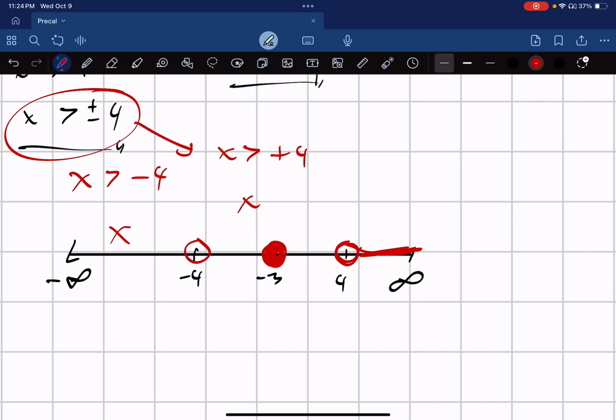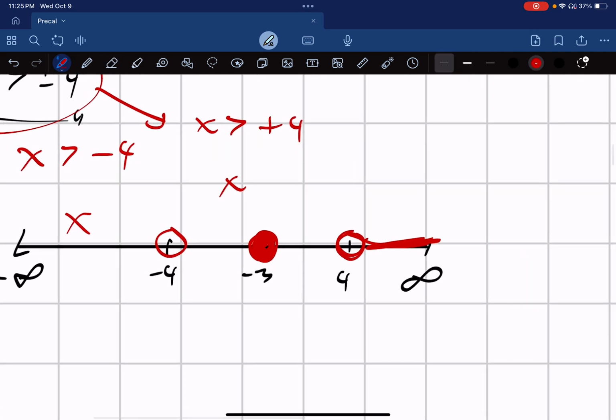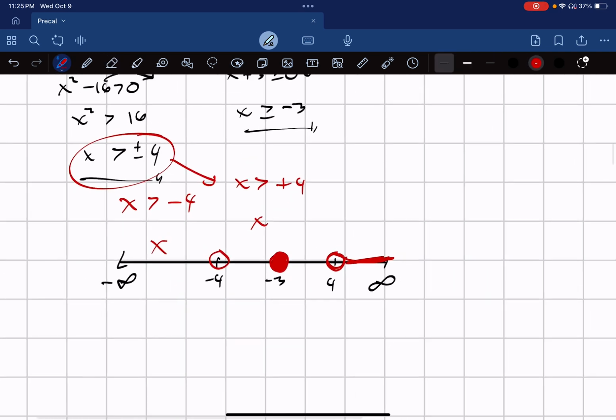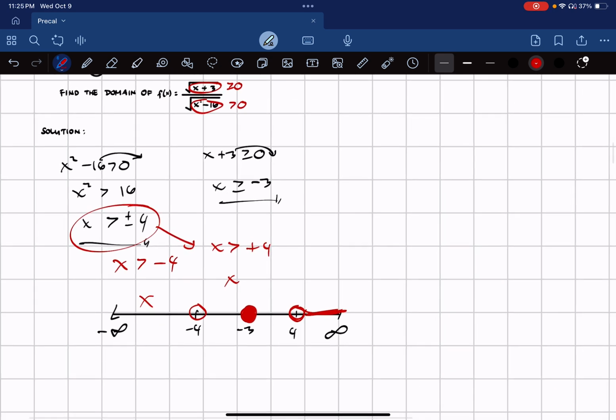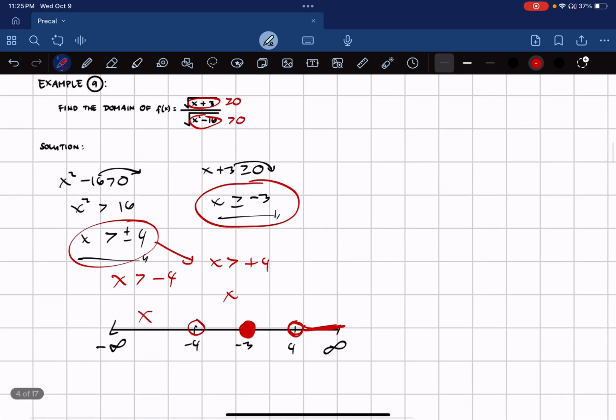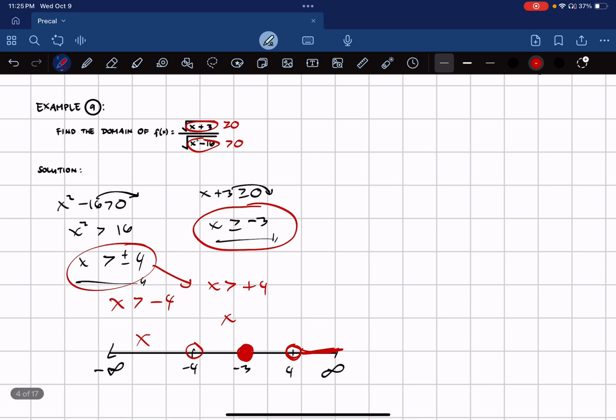You might think that since 3 is shaded it is part of the solution, so let's check. The 3 is a possible solution for the numerator. Input negative 3 into x plus 3: negative 3 plus 3 is the square root of 0. Okay, the square root of 0 is 0.